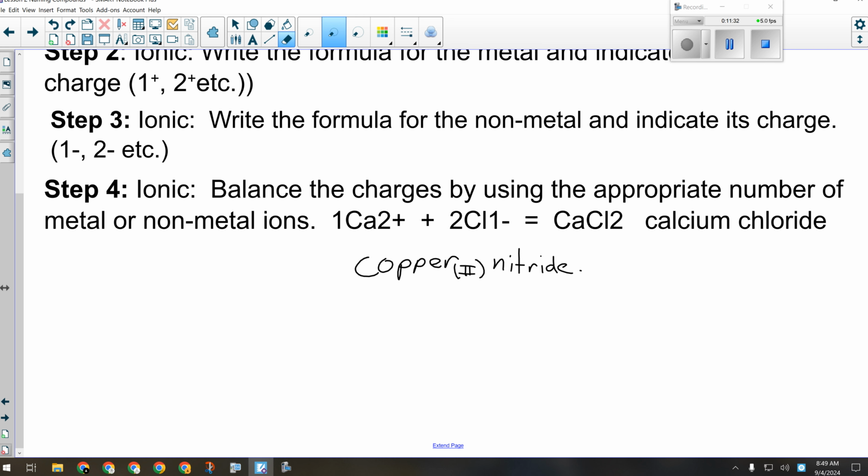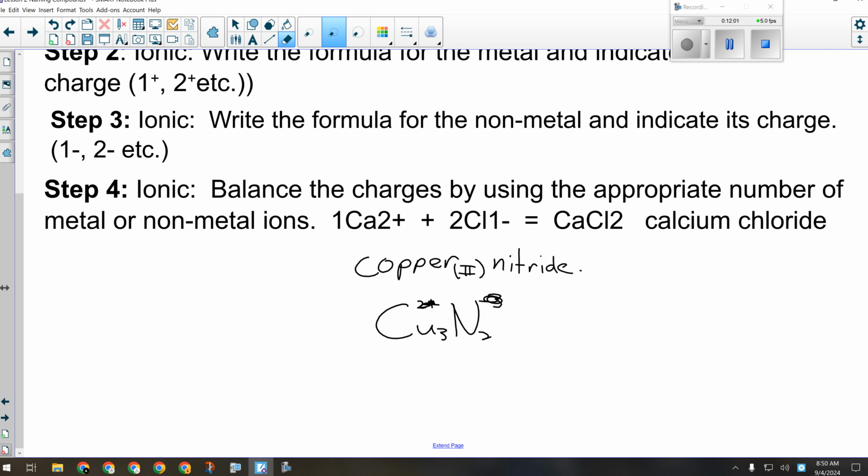Well, that just tells you the charge that it has in that compound. Without that, I wouldn't know which one to use. So I would just go, all right, I've got copper, and the Roman numeral tells me it's the 2 plus kind. It's with nitrogen, which is -3, drop and swap. And I'm done. So the Roman numeral is there.